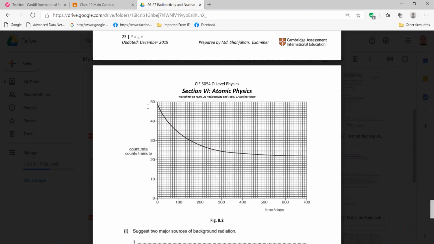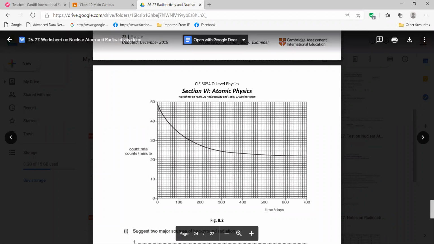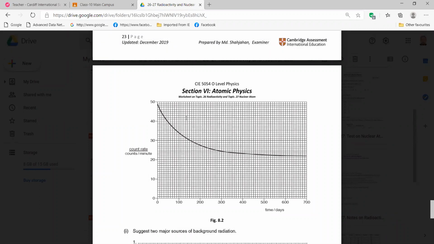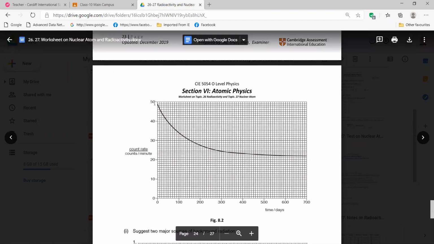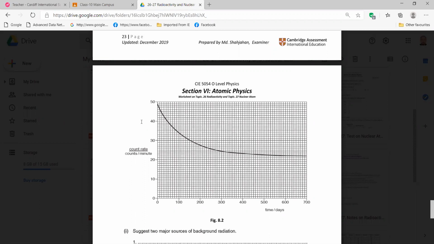So what is the count rate only for the source? That one we are going to find. So only from the source we are getting, if you subtract the background count from 49, then you are getting your count from the source.